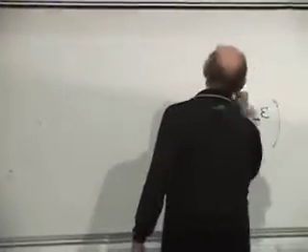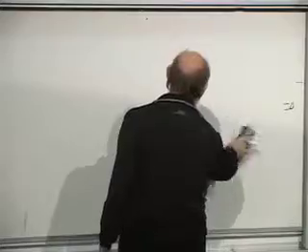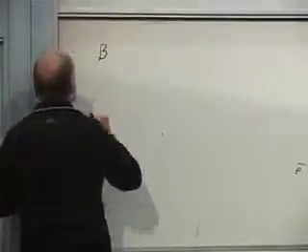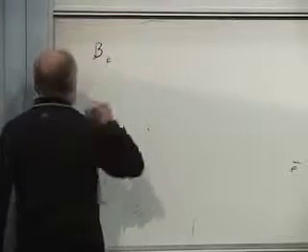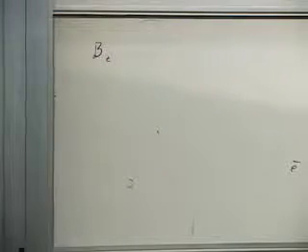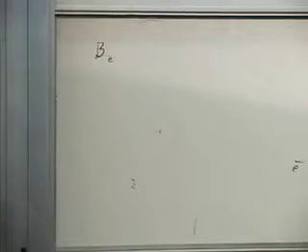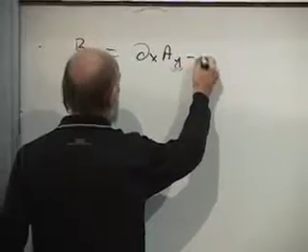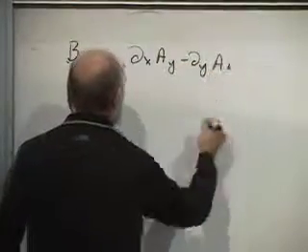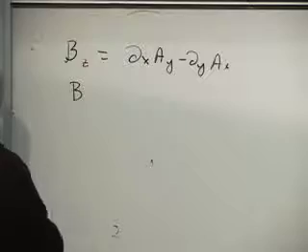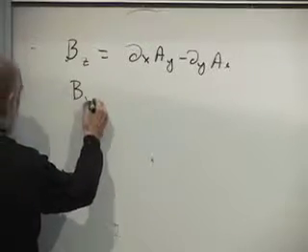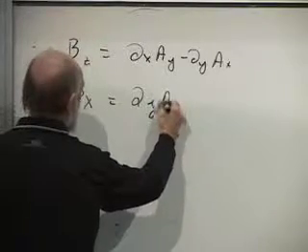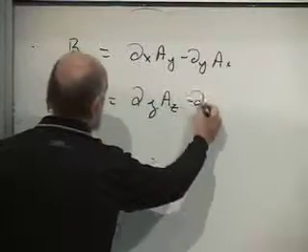Let's write down the definition of the three components of B. So B3, or Bz, when I'm being very specific and working only with space components, I'll use x, y, and z. Bz was dx ay minus dy ax. Bx: x goes to y, y goes to z, minus dz ay.